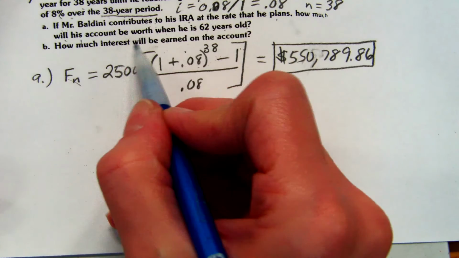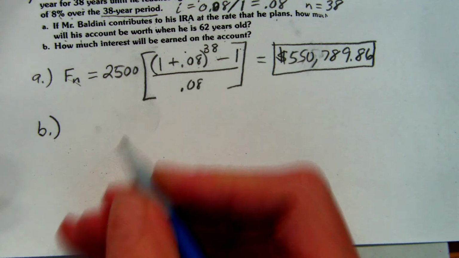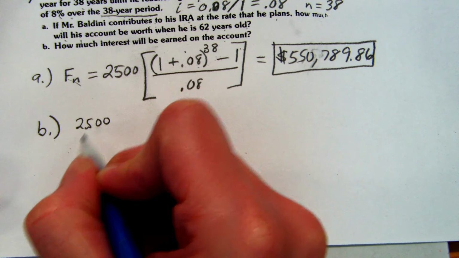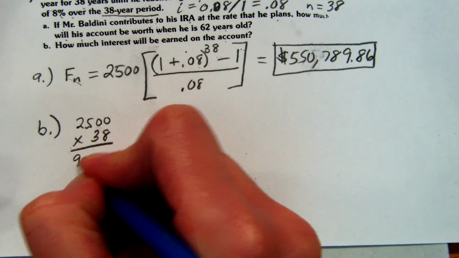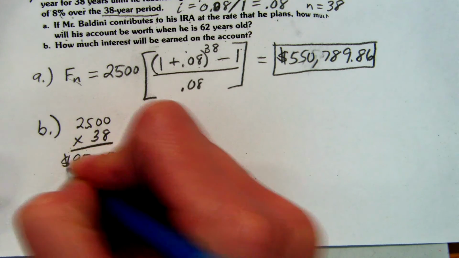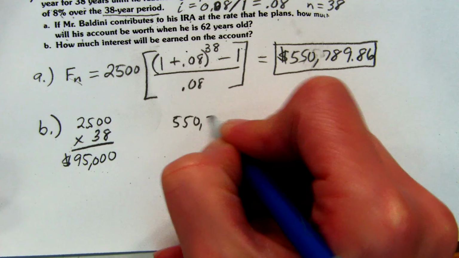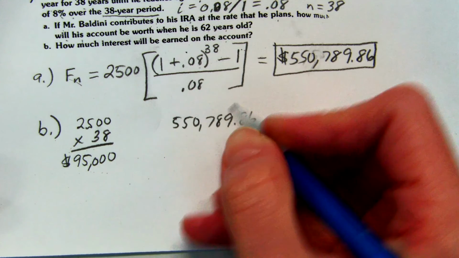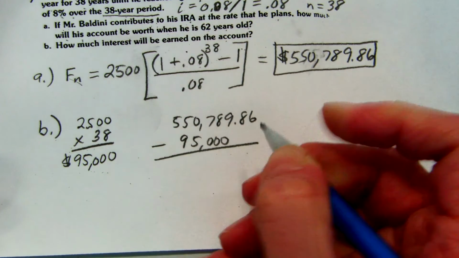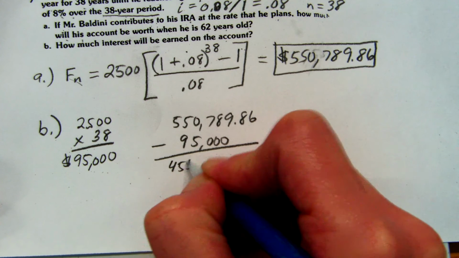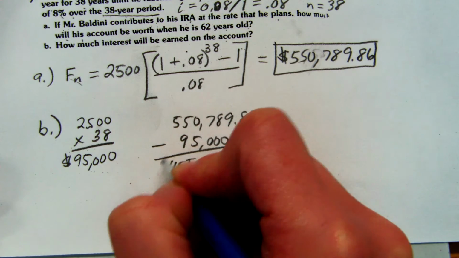Now it says how much interest will be earned on the account. So we got to figure out how much he actually paid in. So he's paying $2,500 a year for 38 years. So we multiply that, and we find out, yeah, he paid in $95,000. That's not a bad return. So then if we subtract what he's going to get out of it, or subtract what he paid in from what he gets out, is what I meant to say, you find out that he's making $455,789.86.